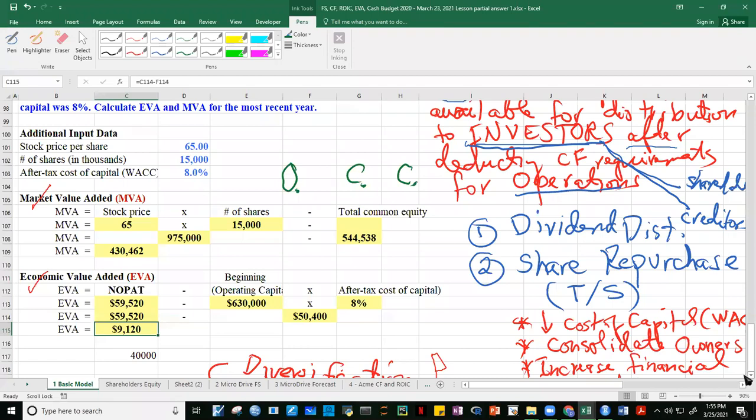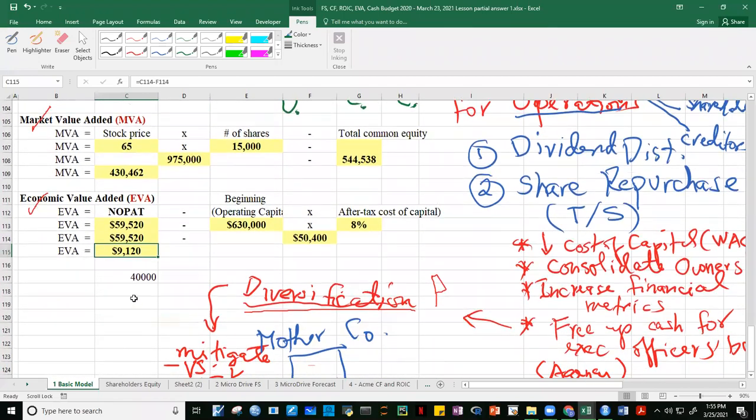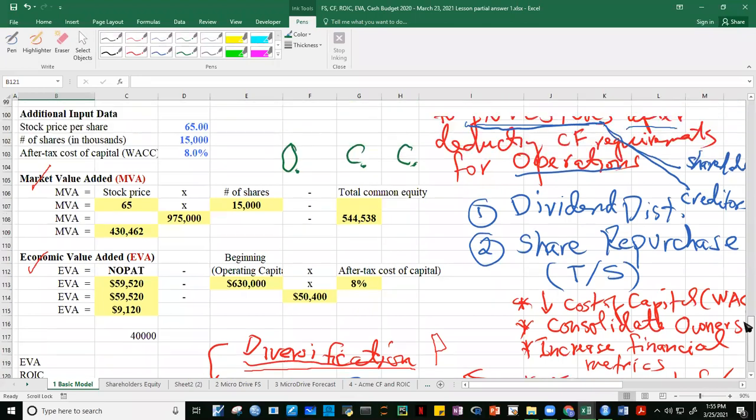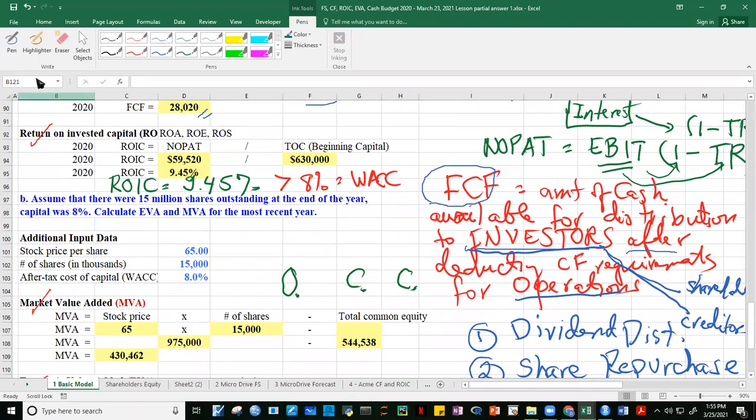Okay, question. I'll give you 1 minute, 2 minutes. How can we compute for the EVA? So we would like to know how to compute for the EVA. Okay, in another way, no? So if we know ROIC, di ba sabi natin kanina, si ROIC natin is 9.45%.